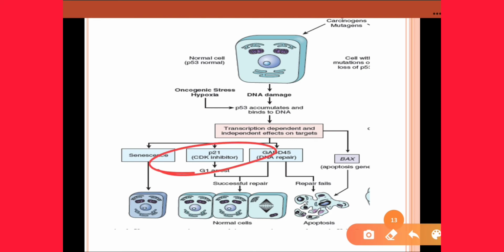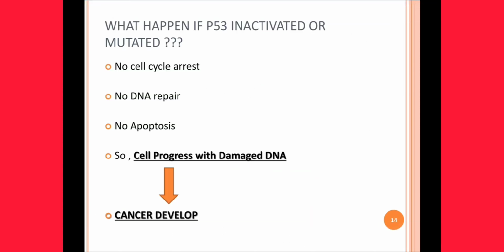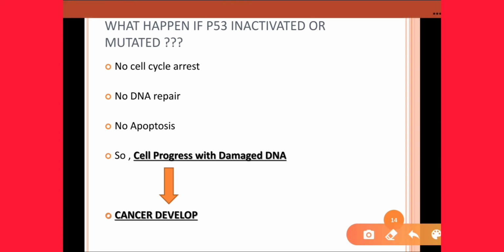And by the induction of P21, that is a cyclin dependent kinase inhibitor, it can arrest your cell cycle at the G1/S phase. So guys, now you can understand what happens if P53 is inactivated, right? Suppose your DNA is damaged.